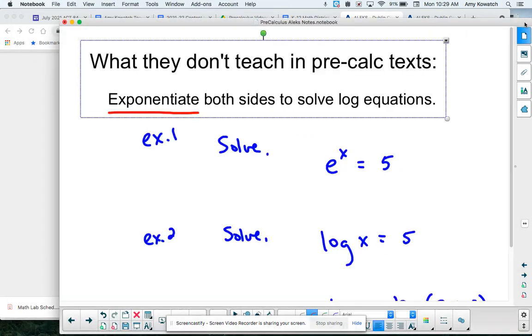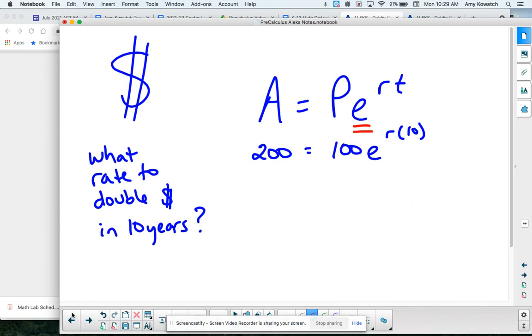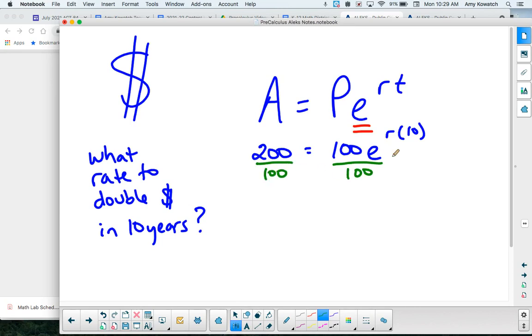All right, let's talk about some of these examples that you might not find in ALEKS or in your textbook. A popular one is money, of course. And if you wanted to find out how to double your money, no matter what you have, and you could start with $1 or you could start with $1 million, doesn't matter, you're going to end up with a 2 here. So 2 is equal to e to the 10r power.